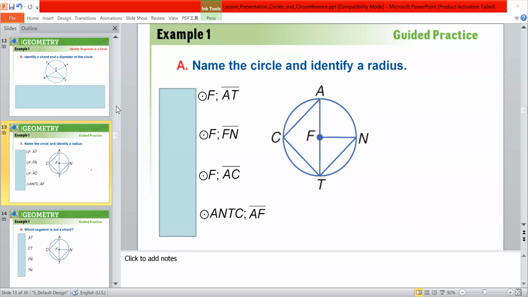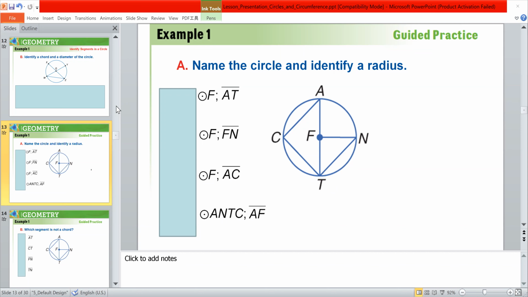So the first point from the problem, Naif, we solve it. Because we talk about the name of the circle. The name of the circle is circle F. And then we need to identify a radius. FN is any line that joins the center and any point.